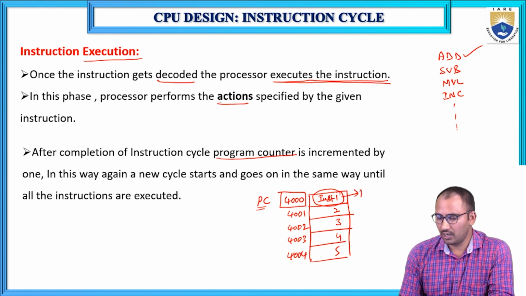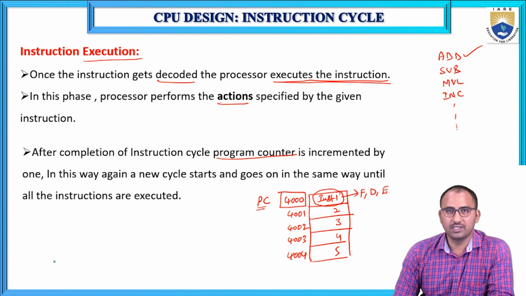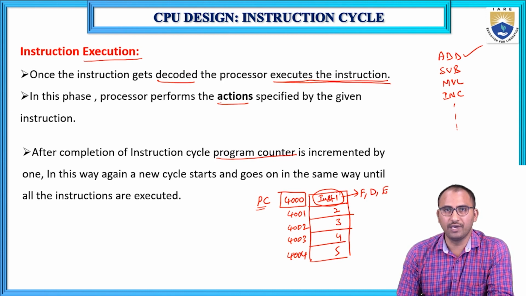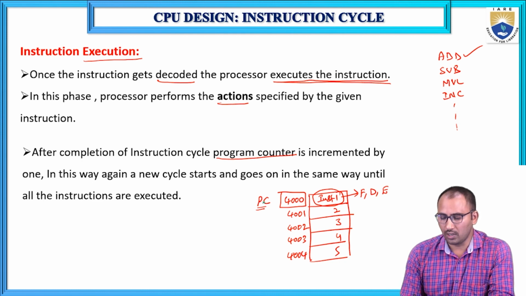After fetching, the instruction will be decoded. After decoding, the instruction will be executed. Whenever the first instruction has undergone these three phases, fetch, decode, and execute, only then will the next instruction be fetched from the memory. Before fetching the next instruction, the address in the program counter will be incremented by 1.